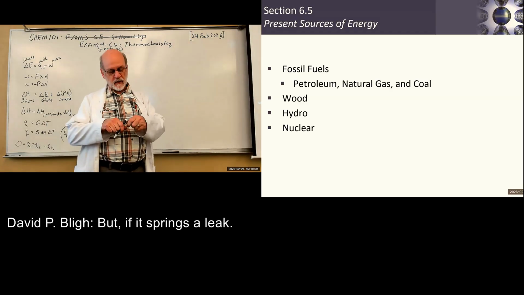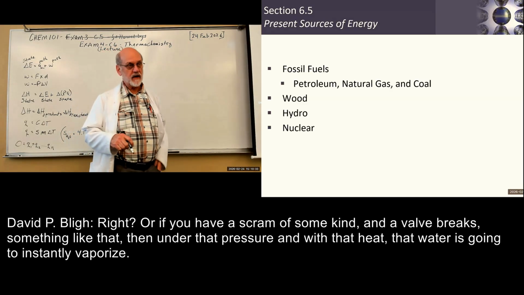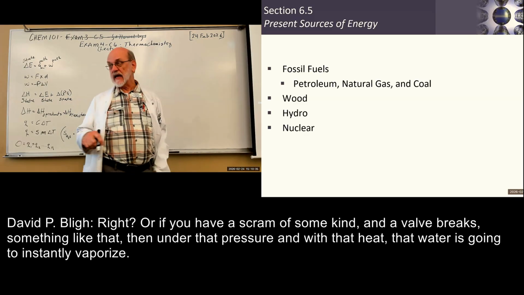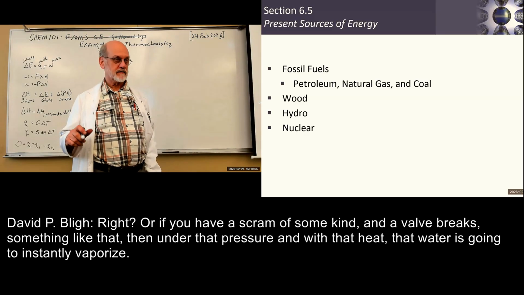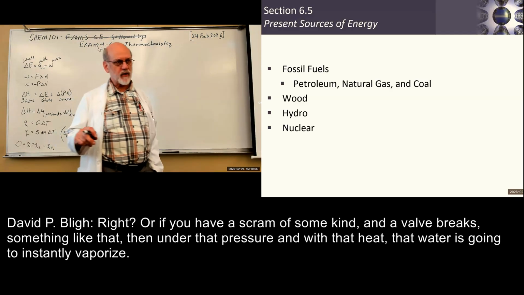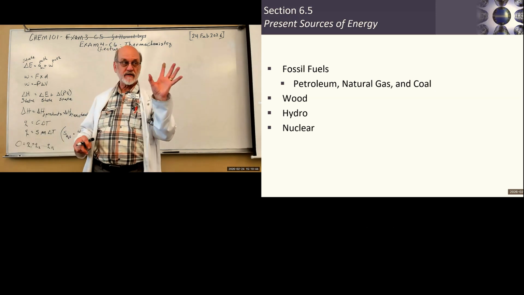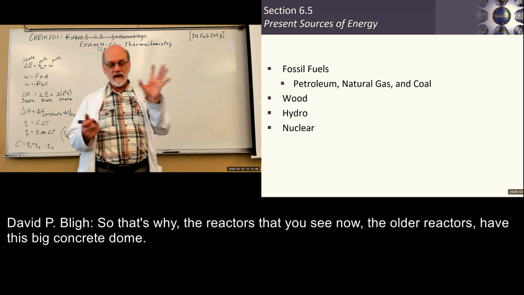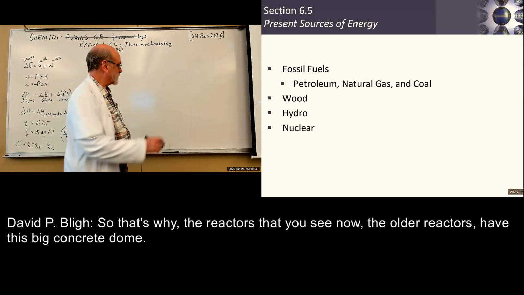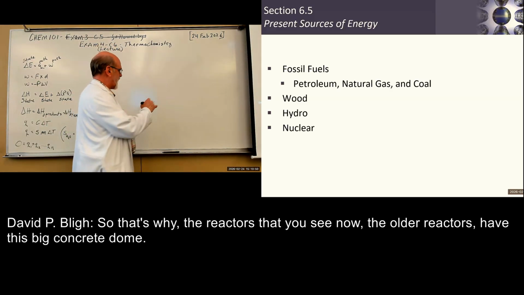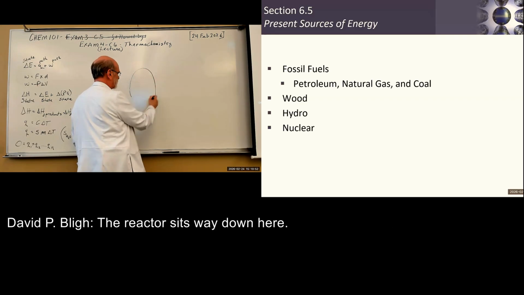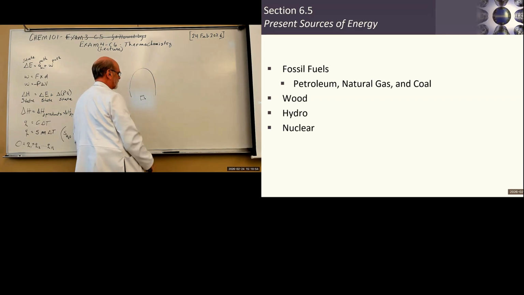But if it springs a leak, right, or if you have a scram of some kind and a valve breaks, something like that, then under that pressure and with that heat, that water is going to instantly vaporize. So that's why the reactors that you see now, the older reactors, have this big concrete dome. The reactor sits way down here.